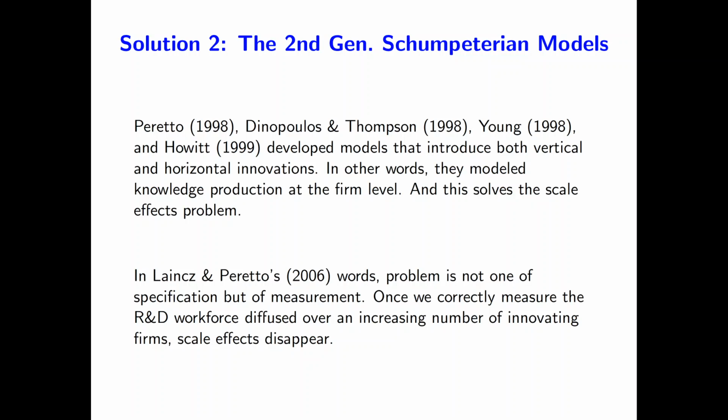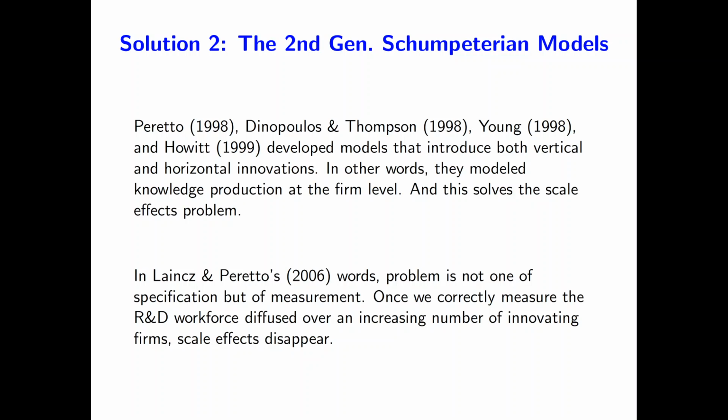In this respect, I must emphasize that once they introduce horizontal innovations within a model of vertical innovations, then they no longer need to assume decreasing returns to scale. So that's the important part. That's the main assumption that separates these two groups of growth economists.